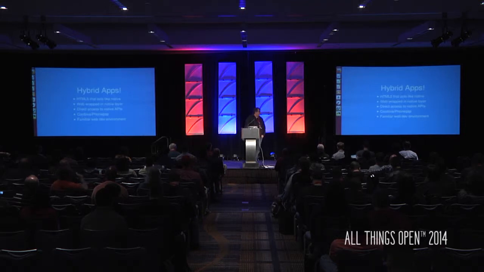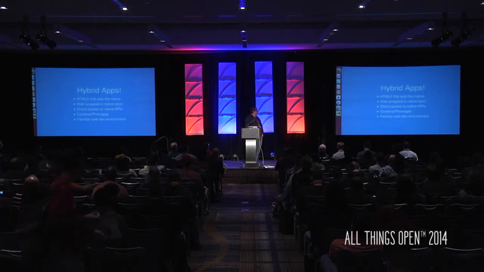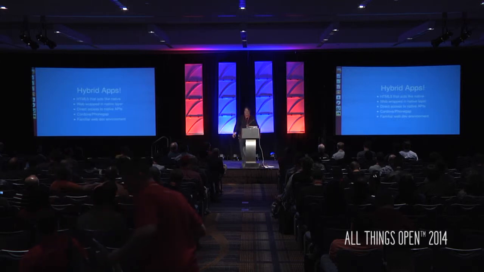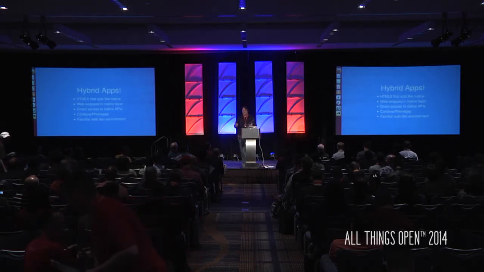So hybrid apps run on the HTML5 framework or platform, and they give you the ability to use HTML, CSS, and JavaScript to create a very native-like experience. It's wrapped in Cordova, and then Cordova provides a way to connect to the API layers in the phone.